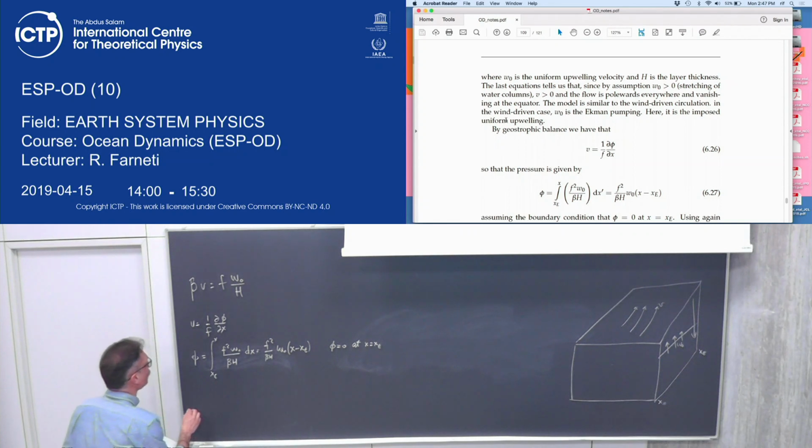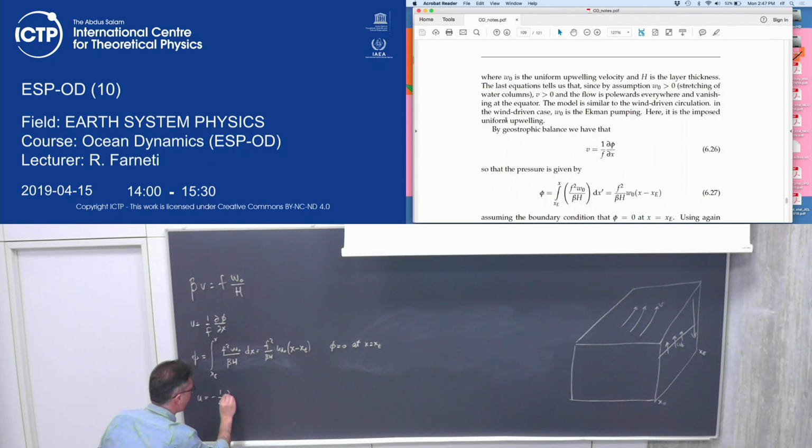So you can get an expression for u now, which is again in geostrophic balance.